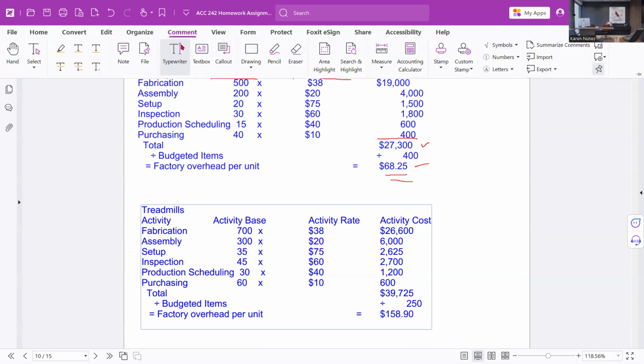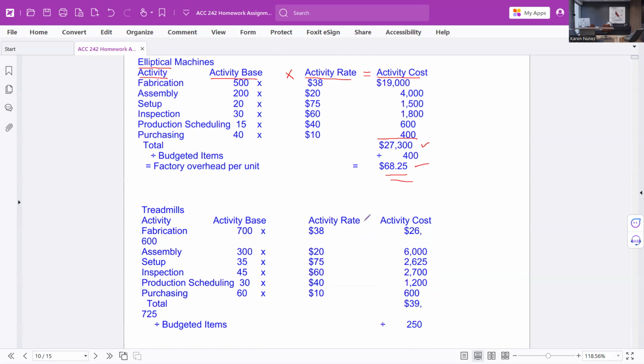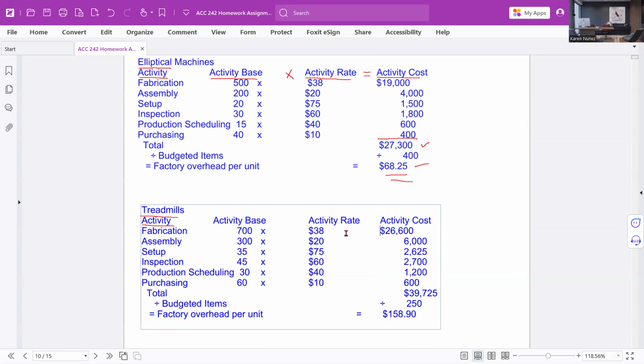Okay, so we've done basically the same thing here. We have, in this case, the treadmills product. We have the activity defined, and let me just make one correction here. So we have all of the activity defined here, those six activities, and we have the activity base for treadmills that's given.